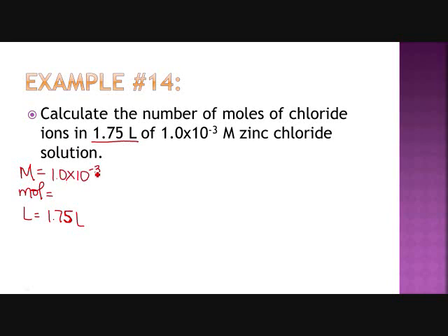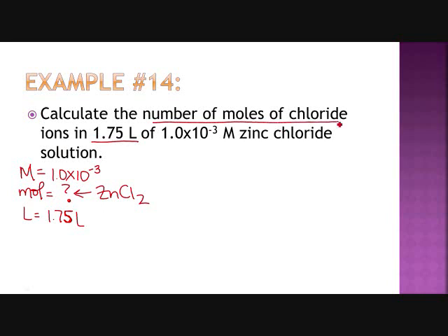We want to know moles, but this moles is the moles of the whole thing, which I just gave to you without even thinking. Zinc has a +2, chlorine has a -1, so zinc chloride is ZnCl2. But we don't want the moles of the whole thing, we want the moles of just the chloride ions.